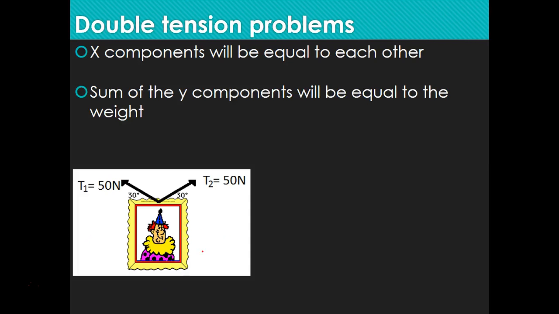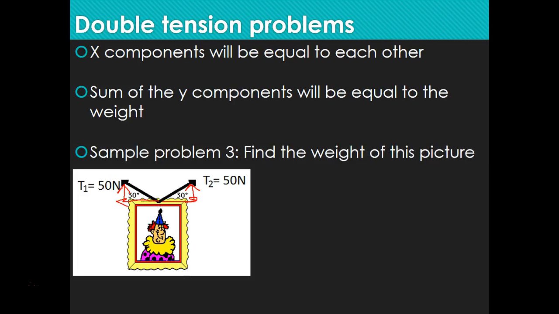And then you know that the sum of the y components will be equal to the weight. So that's one x component, and that's another x component. They have to be equal to each other. And then this is the y component of tension 2, and this is the y component of tension 1. This plus this would have to equal the weight of the object.